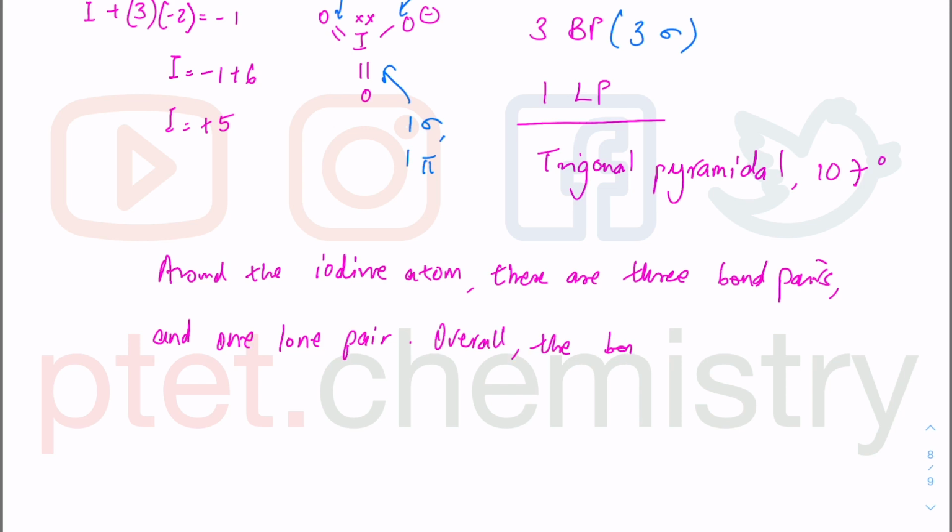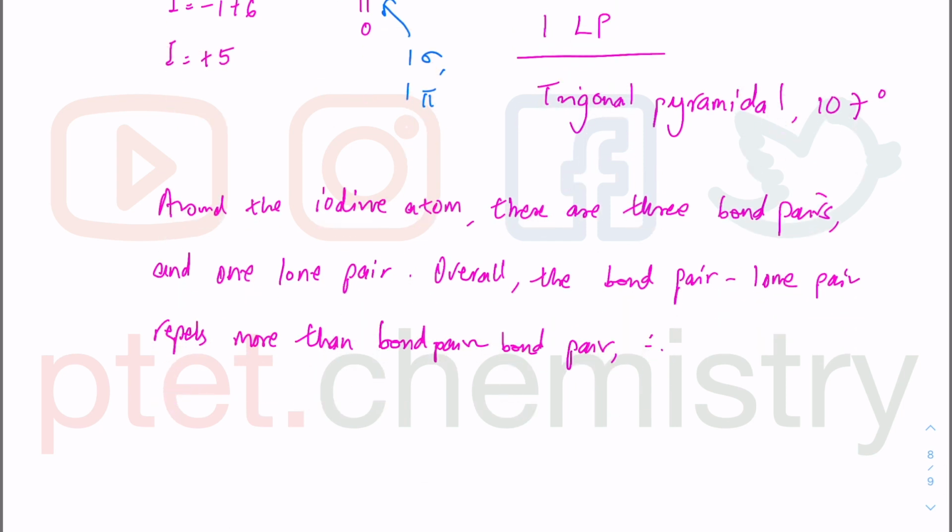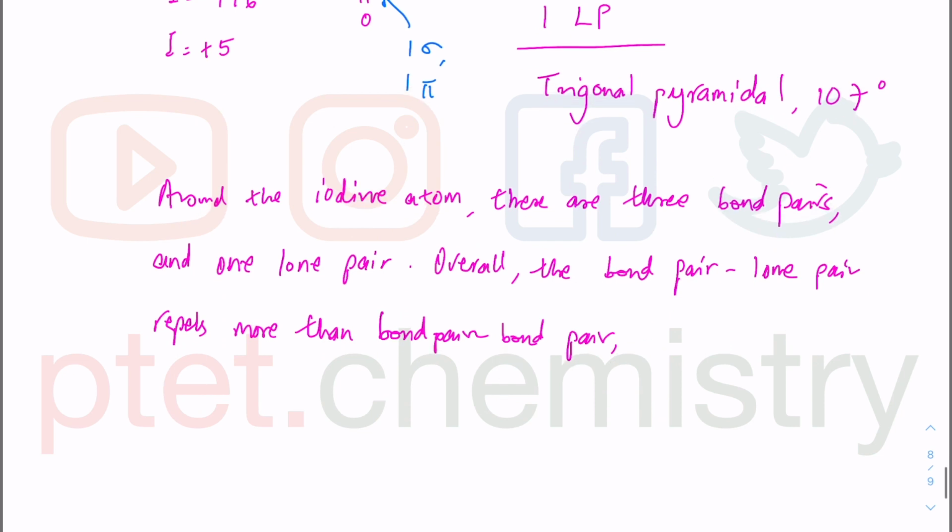The bond pair lone pair repel more than the bond pair bond pair repulsion. Therefore the shape is as such, and the bond angle is 107 degree, and you're just asked to explain the shape, why it is like that.